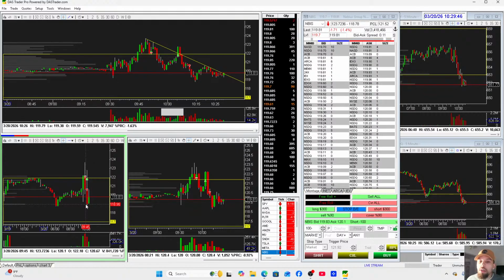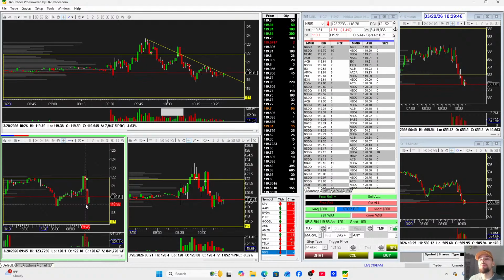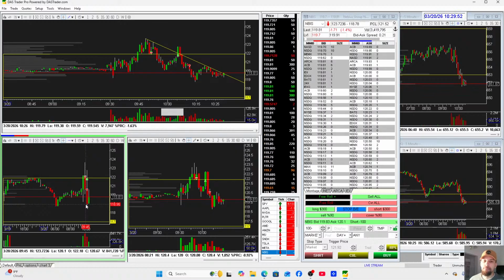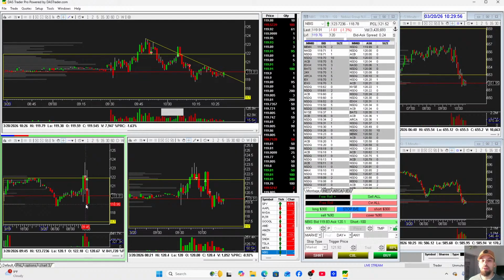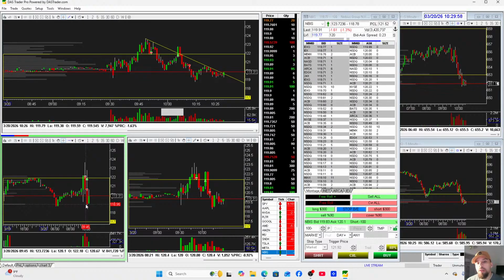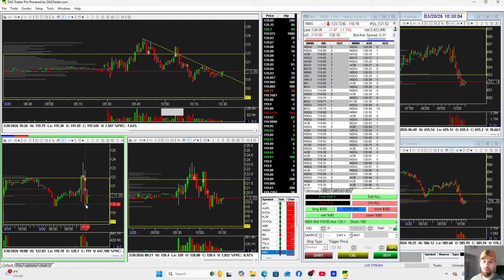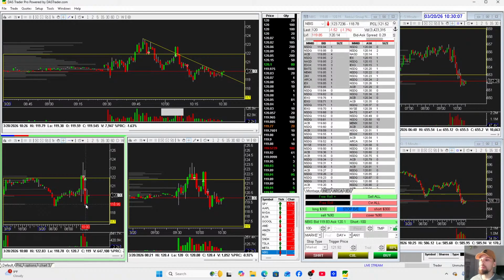Let's see, are you gonna respect this trend line? I have to wait and see. I want to move my stop to break even right now, even if I get stopped out at break even just for it to continue in my favor, potentially.